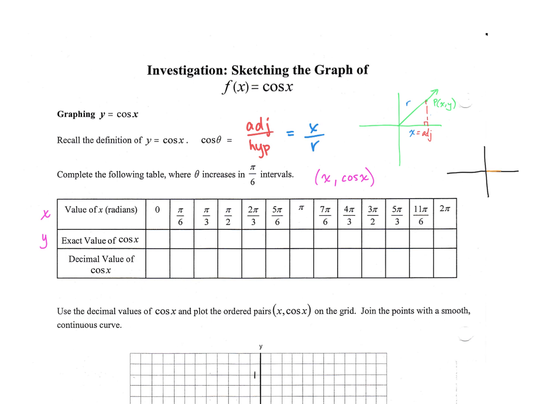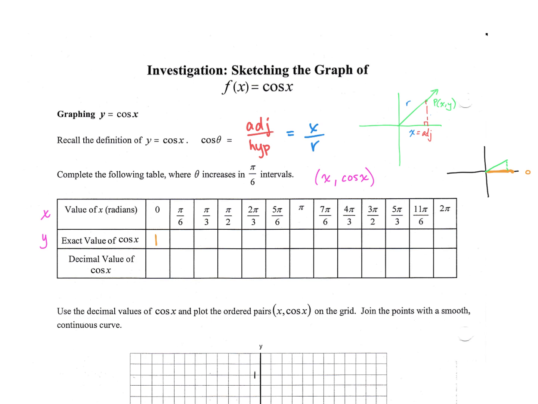So when I start at 0, my adjacent side, we should be noticing my adjacent side is at 1. It is the largest possible adjacent side that I have. As I start to rotate, I rotate to pi by 6.